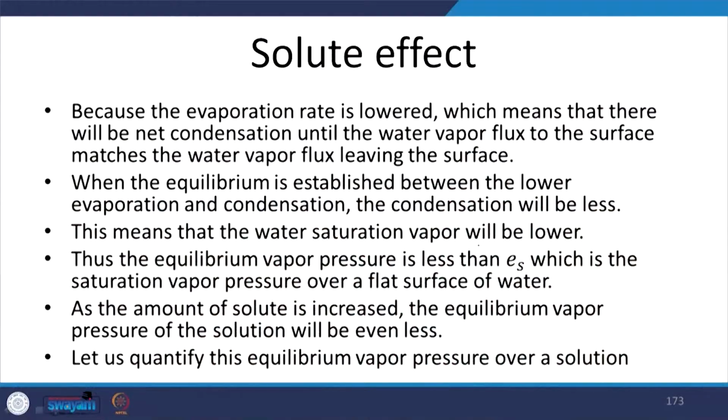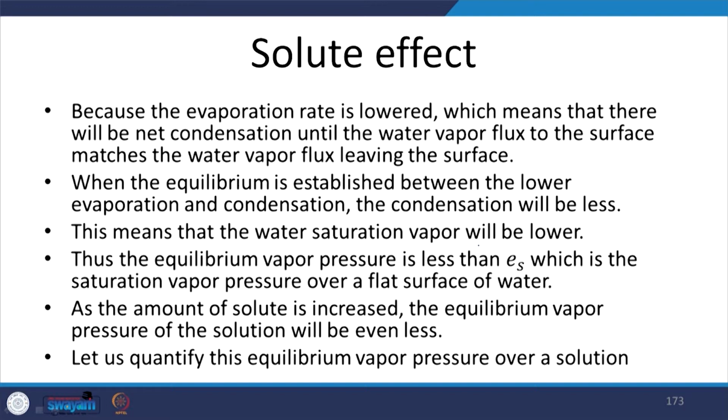This means the saturation vapor pressure will be lower than what it used to be in the presence of only water. Thus the equilibrium vapor pressure is less than the saturation vapor pressure over a pure water surface, a flat surface of water, of course. As the amount of solute is increased, the equilibrium vapor pressure of the solution becomes even lesser.